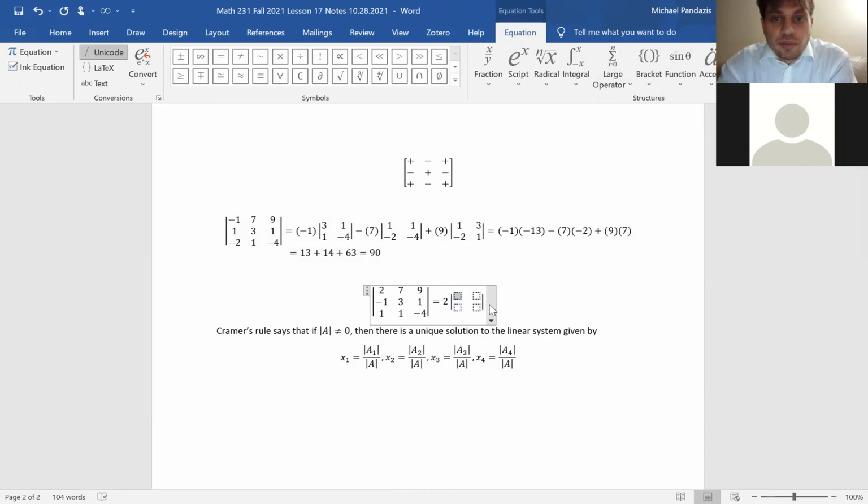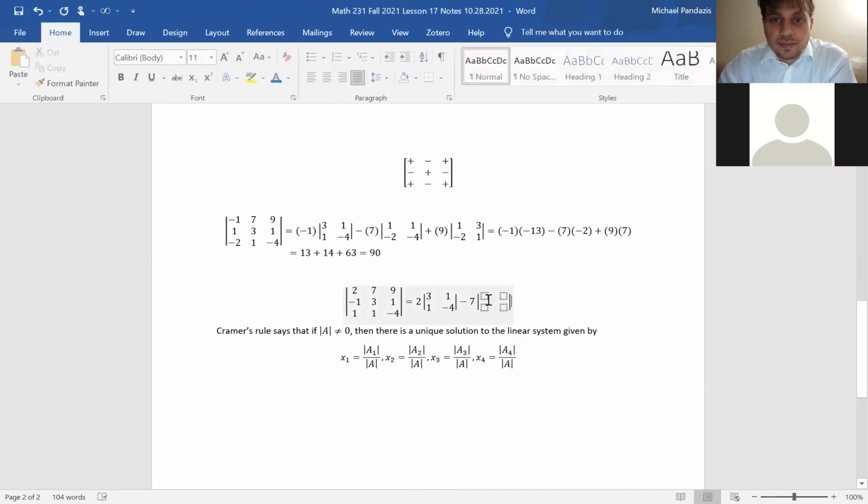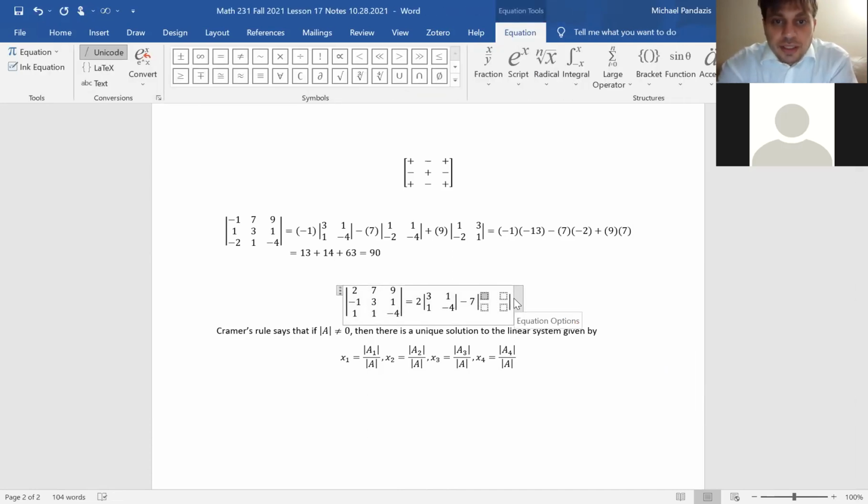So you have 2 times 3, 1, 1, -4, minus 7 times this determinant, -1, 1, -1, 1, 1, -4, and then plus 9 times this determinant, which is -1, 3, 1, 1.